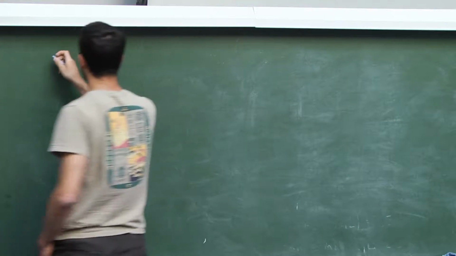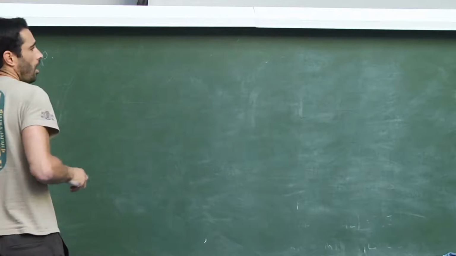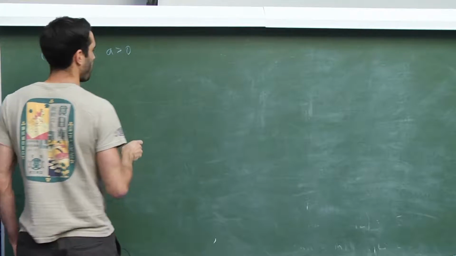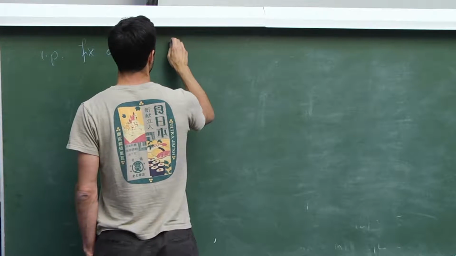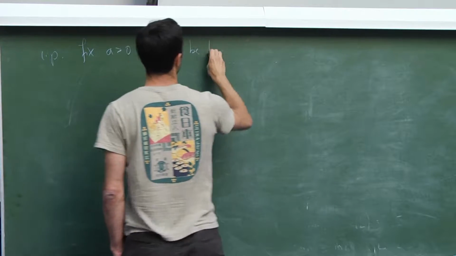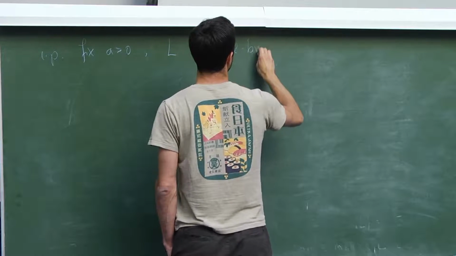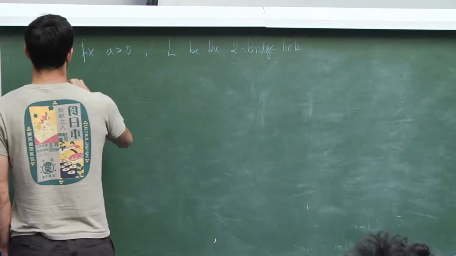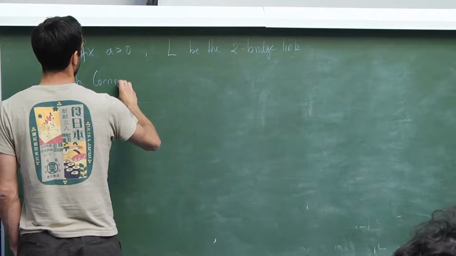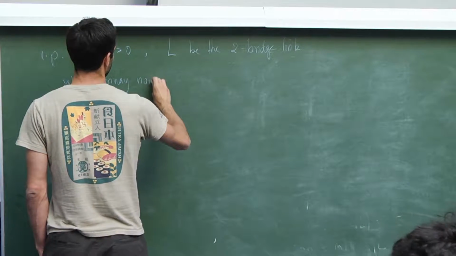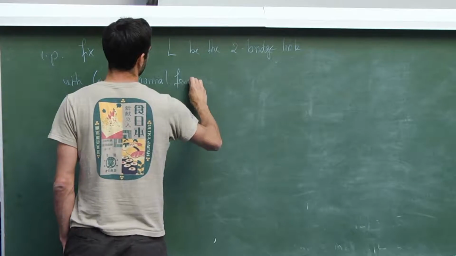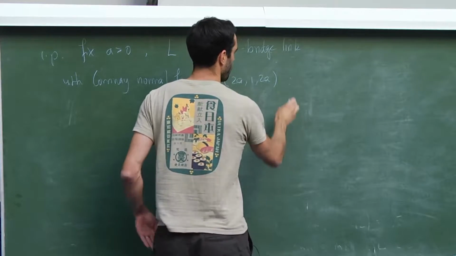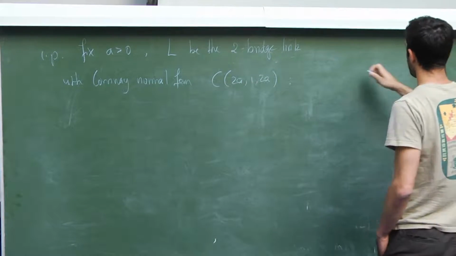So in particular, what do they obtain? You fix a positive integer A and let L be the two-bridge link with Conway normal form C(2A, 1, 2A). I'm just going to give you an example so you see what it looks like.